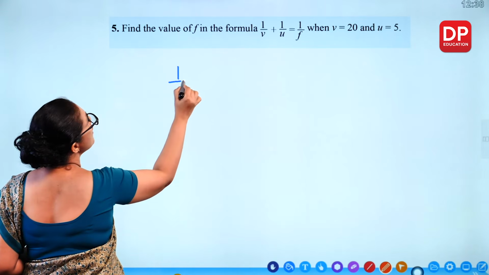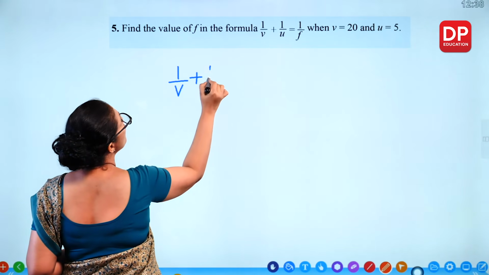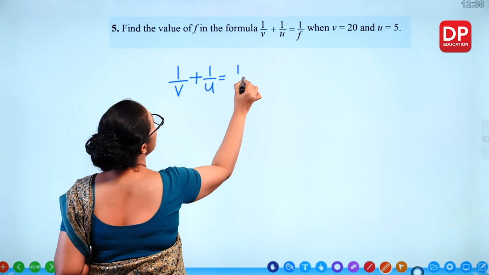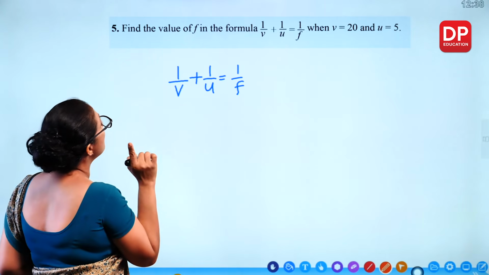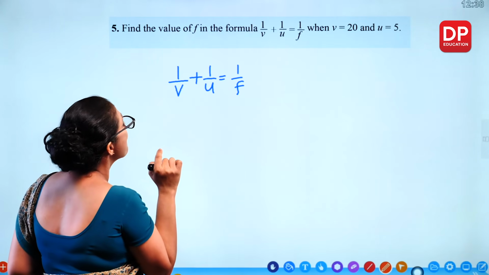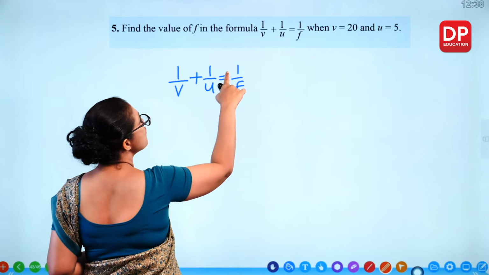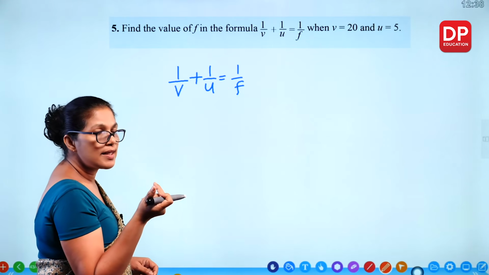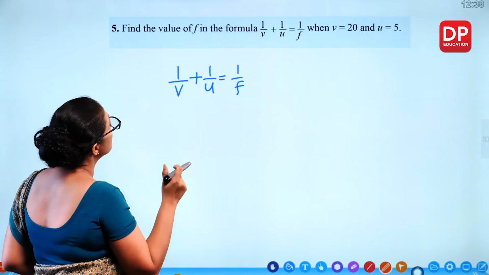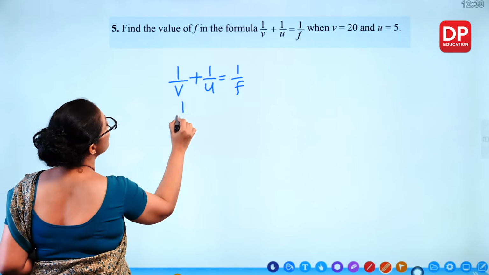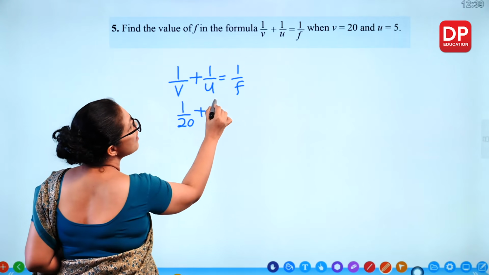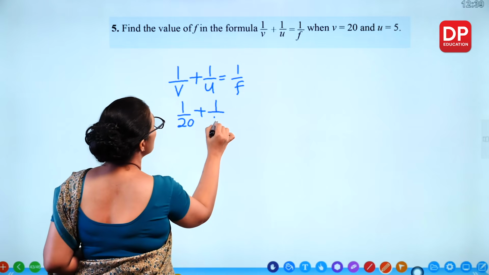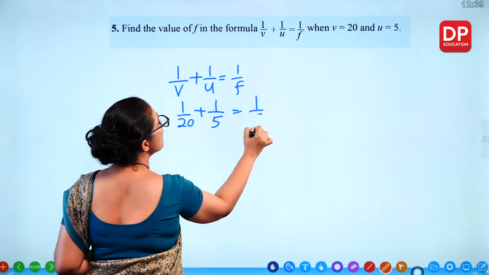Now the formula is 1 over v plus 1 over u equals 1 over f. Find f. So you can substitute, because after we get this, you can take the reciprocal. 1 over v, 1 over 20, 1 over u, that's 1 over 5, is 1 over f.